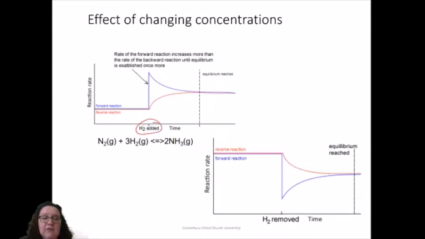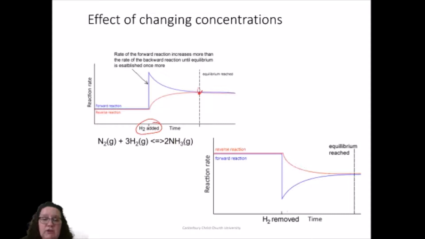If we add hydrogen, which is one of the reagents, to the reaction, then the reverse reaction will not be affected, but the forward reaction will increase because there is more hydrogen, and the reaction will try to counteract that addition by consuming that hydrogen and going back to the equilibrium position. So the forward reaction will increase more than the rate of the reverse reaction until the equilibrium is again reached and the reaction stays at equilibrium.